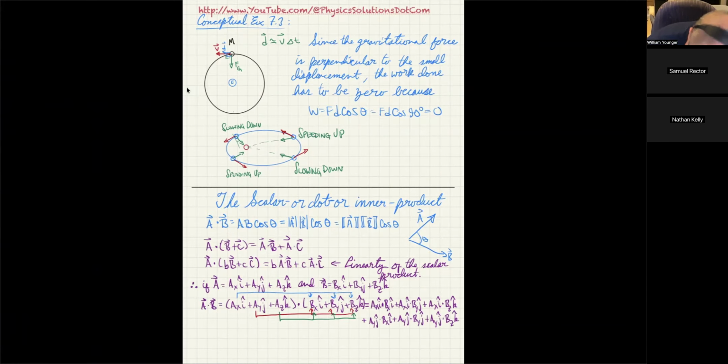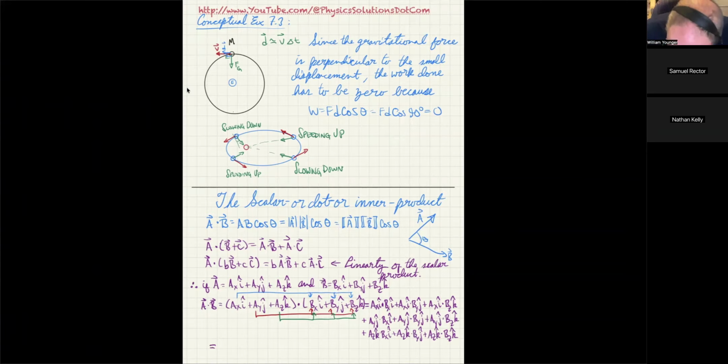And then finally, the last three terms are AZ k hat dot BX i hat plus AZ k hat dot BY j hat plus AZ k hat dot BZ k hat.